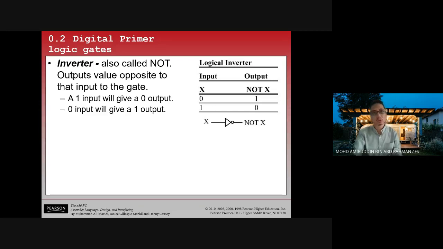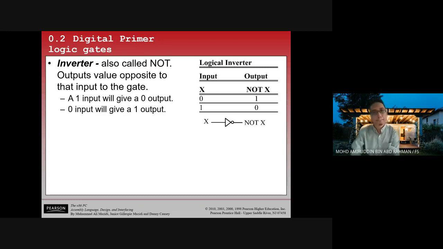All right. So we also have the inverter. Invert meaning that it changes the input. So if X is 1, then the output will be 0. If X is 0, then the result will be 1.